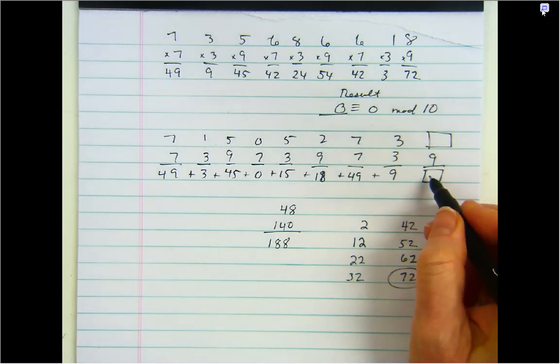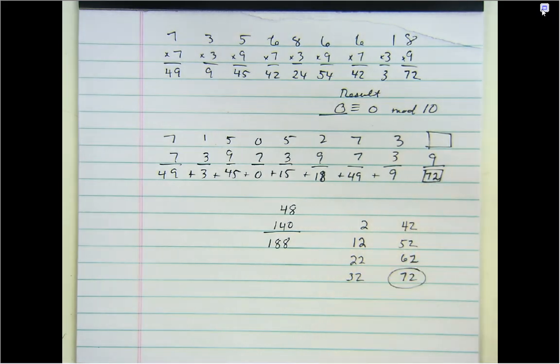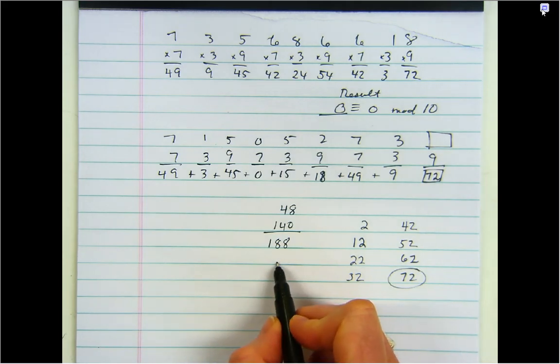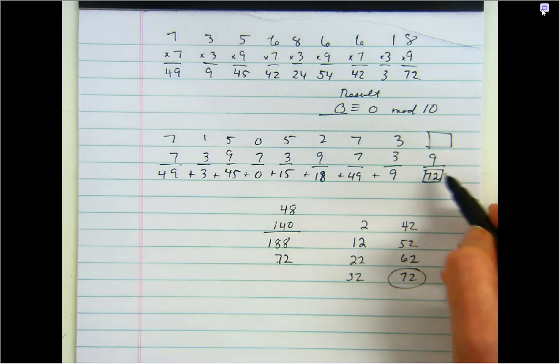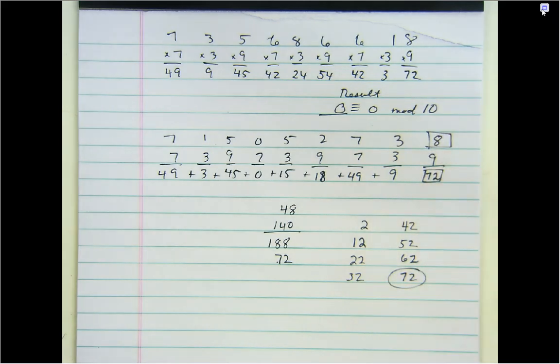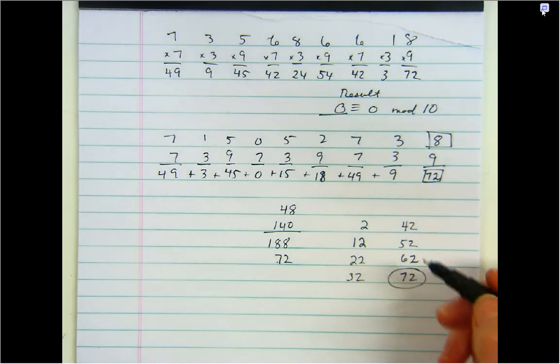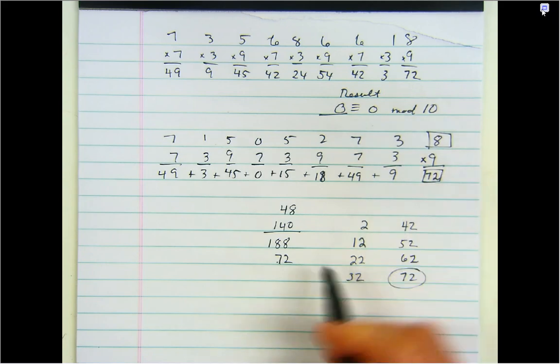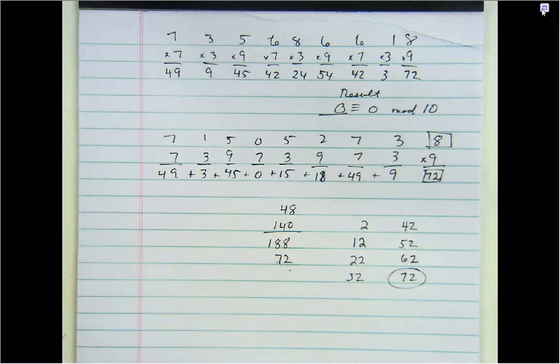So 72 is what I want to have added on to the 88. So I need an 8. My check digit needs to be 8 because 9 times 8 is 72. Did you get 188? It was 188. Okay, thank you. So it's a little harder when you have to think backwards.